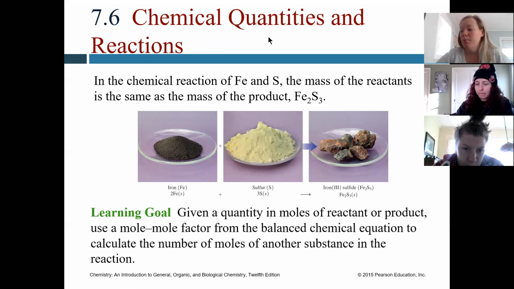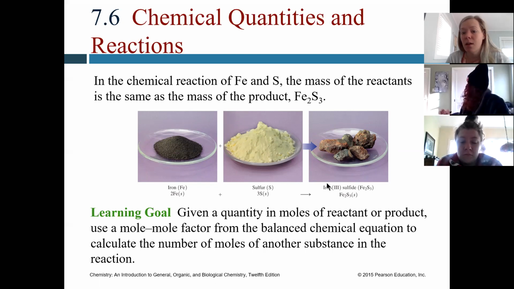Okay, this is the big kind of finale of the chapter because this chapter is just the chapter that keeps giving. So this is all about stoichiometry. It's kind of smushing all the chemical quantity stuff together and reactions together. So let's look at this reaction here. We've got iron plus sulfur will give us iron 3 sulfide.